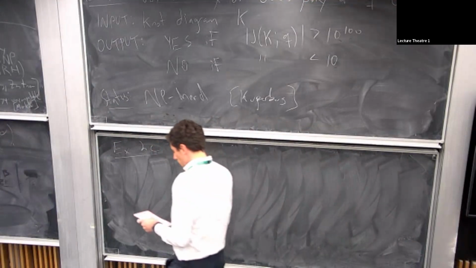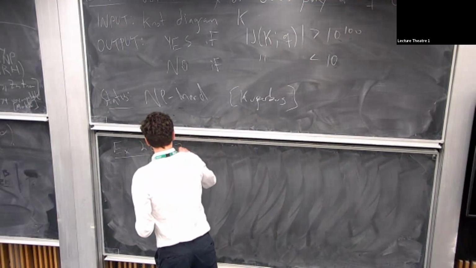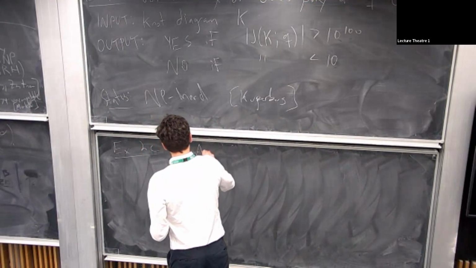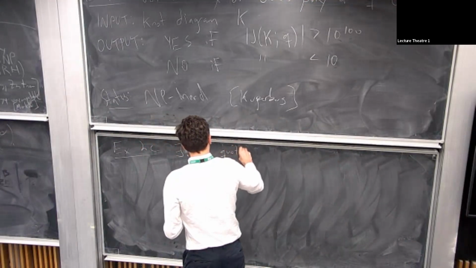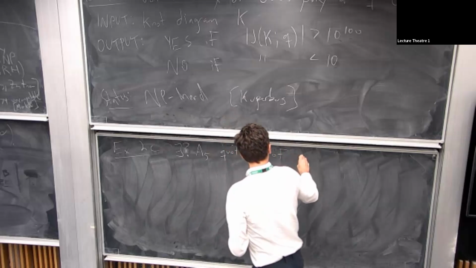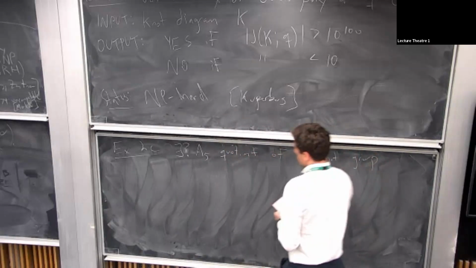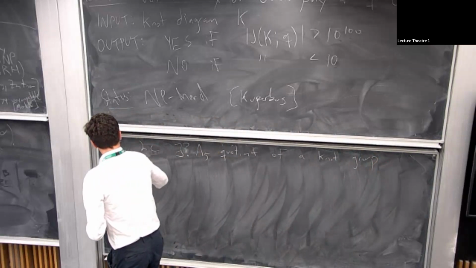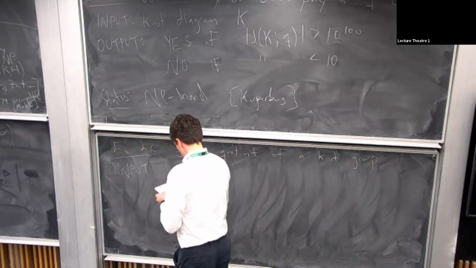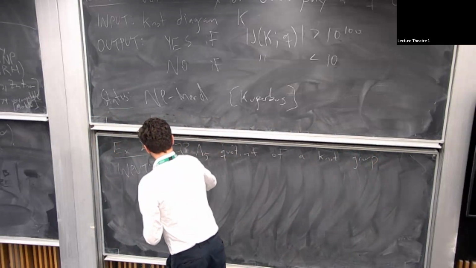Okay, so I'll call this question: does there exist an A5 quotient of a knot group? So I'll explain this. The input is a knot diagram, like one of those over there.